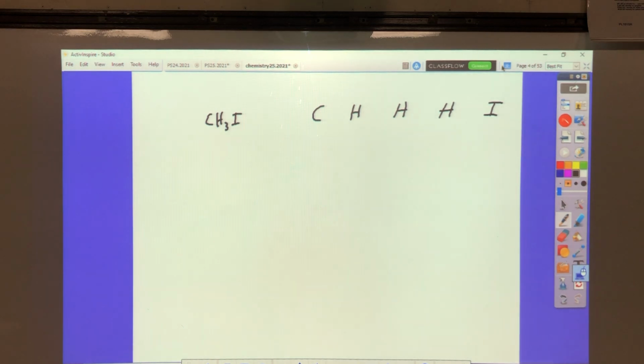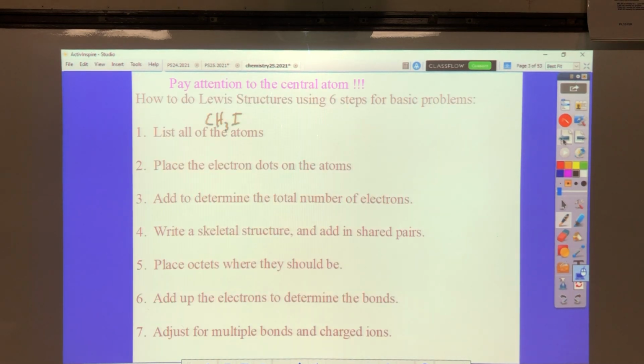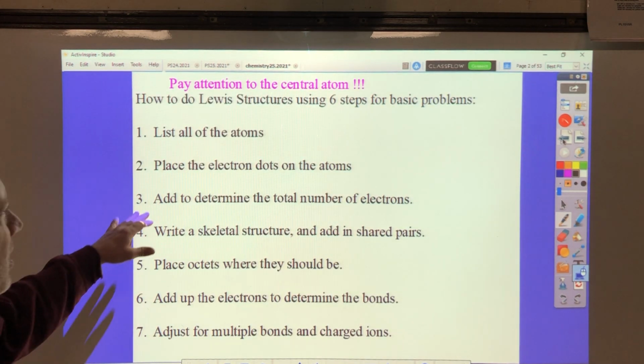Next step, give everybody the electron dots they need. Place electron dots on the atoms.